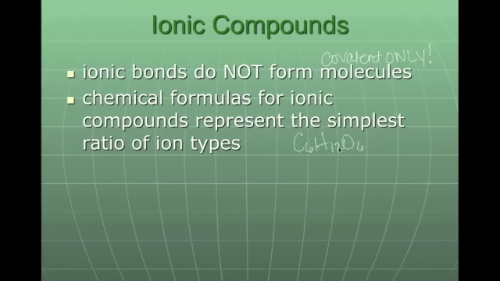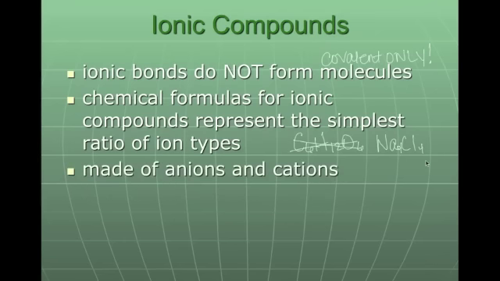Well, this obviously is not the simplest ratio of these elements to each other, and that's because molecular compounds, covalent compounds, they don't show the simplest ratio, they show more of a structural formula, whereas ionic compounds don't do this. They are written in the simplest ratio. So for sodium chloride, it will always be NaCl, not Na4Cl4. You would always reduce ionic compounds down to their simplest ratio.